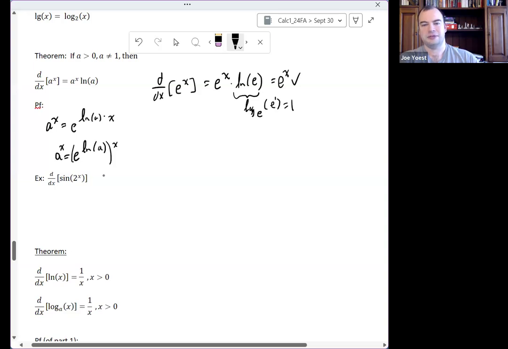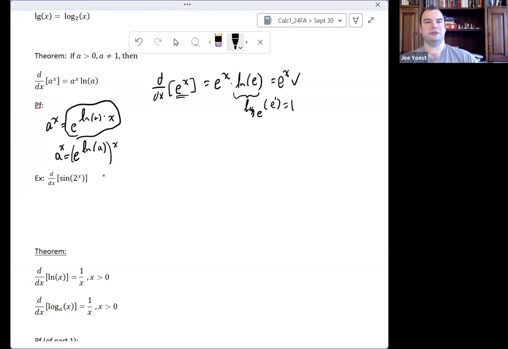But now I have a to the x written as e to the stuff. And I know the derivative of e to the x is e to the x. So the derivative of a to the x is the derivative of e to the log of a times x.